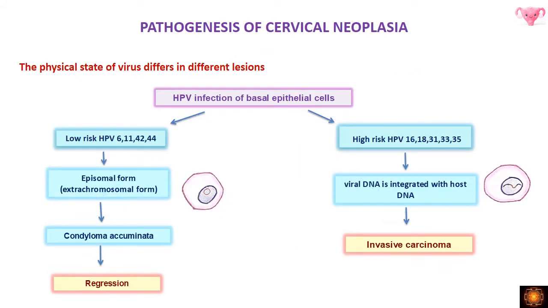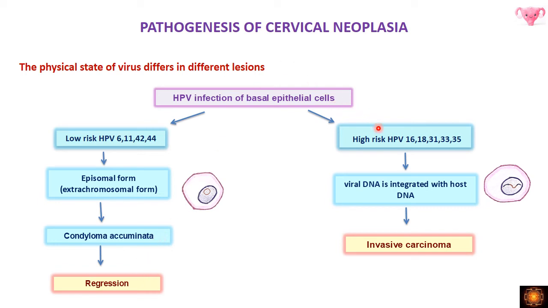Now this virus will be present in different states in different lesions. As I told you, it will first infect the basal epithelial cells. If the infection is by the low risk HPV, it will be present as an episomal form. Episomal form means extra chromosomal form, present in a circular form. It doesn't integrate with the host DNA. If the virus is present in this episomal form, it leads to conditions like condyloma acuminata, and slowly it may regress also.